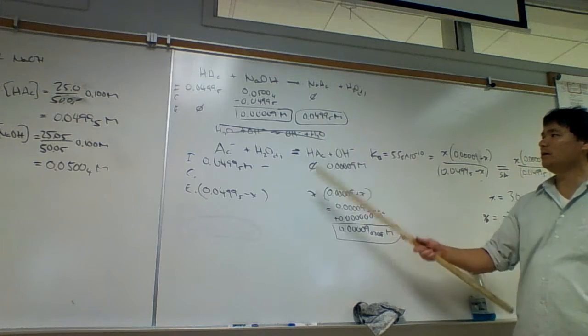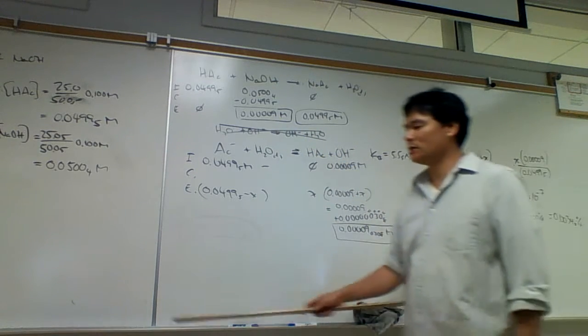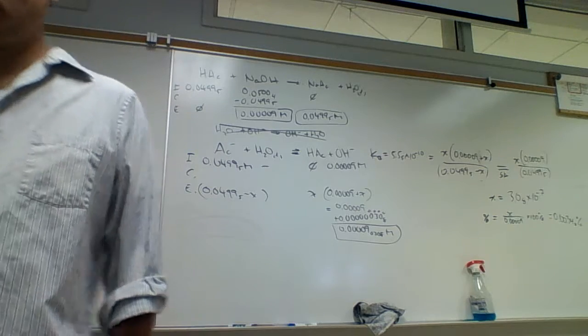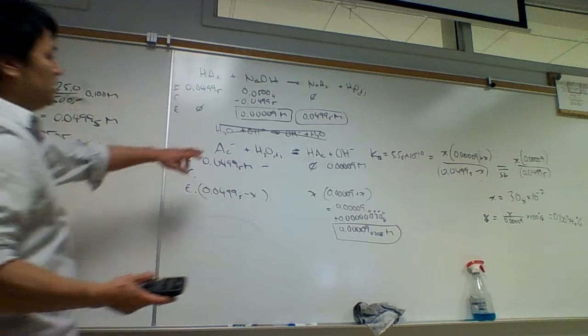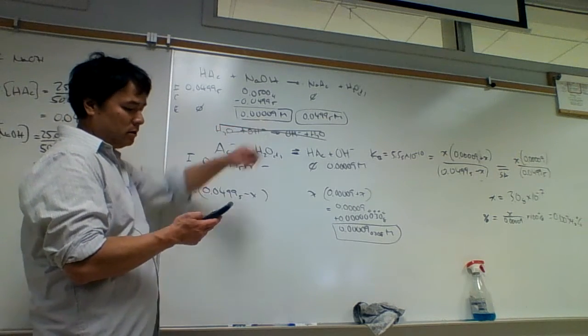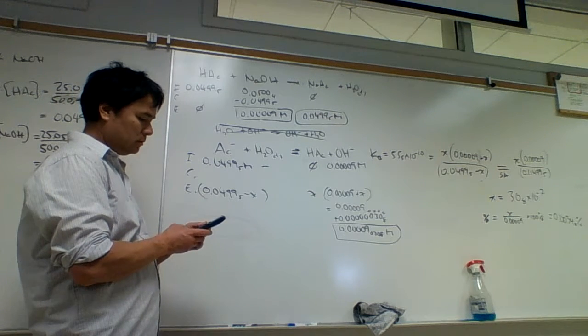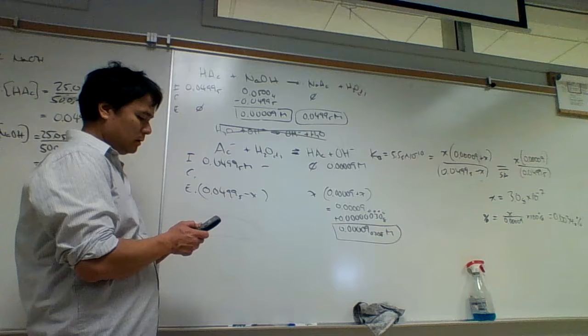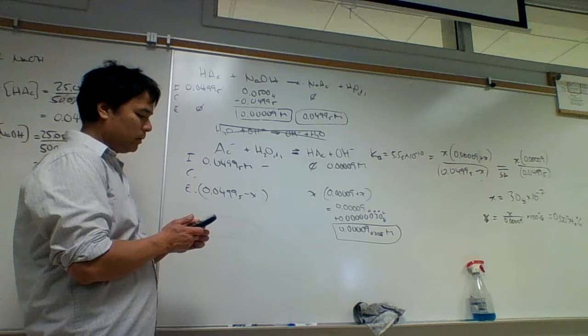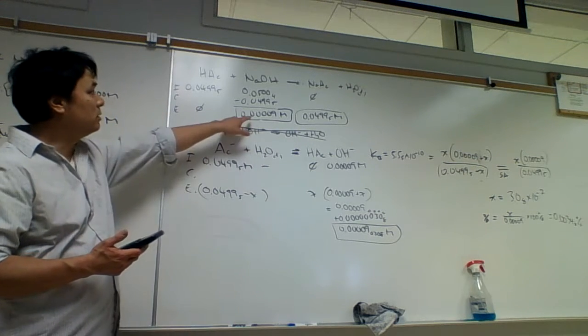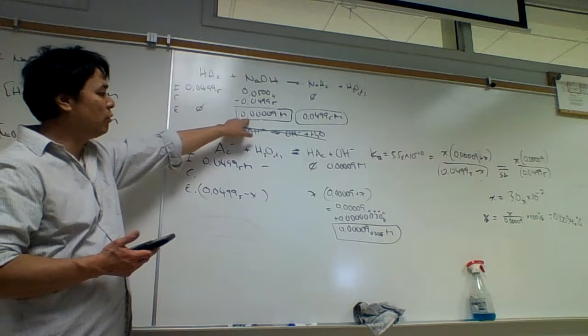So if we take the pOH here, what is the pOH here? The pOH is the negative log of this. So let's see what that comes out to. 0.00009, log of that, 4.045. So the pOH here is 4.045.